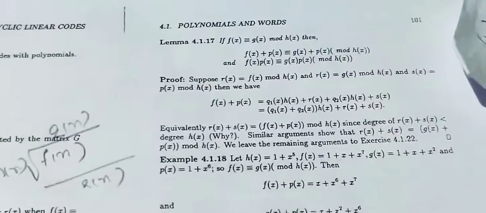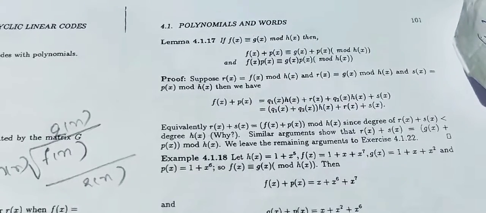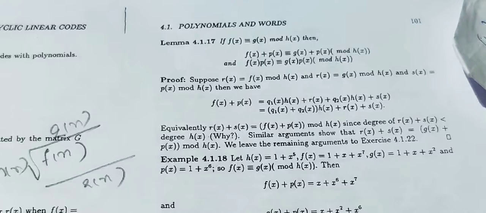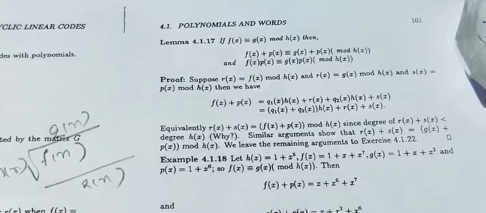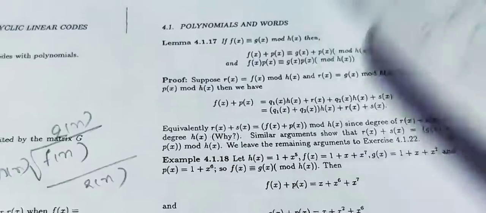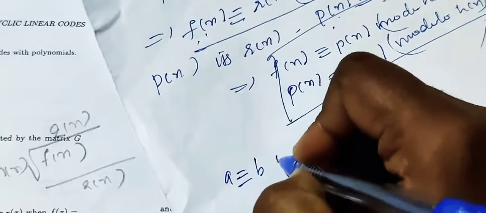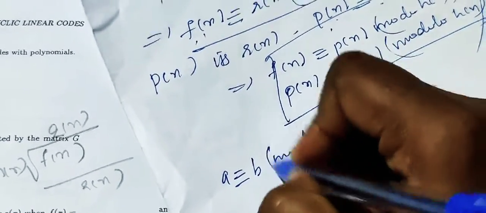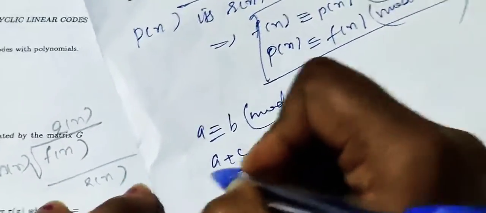Clear? So we have a lemma. If f of x is congruent to g of x modulo h of x, then f of x plus p of x is congruent to g of x plus p of x modulo h of x, and f of x into p of x is congruent to g of x into p of x modulo h of x. Usually, these are the congruency properties. If a is congruent to b modulo p, then a plus c is congruent to b plus c modulo p, the same result.